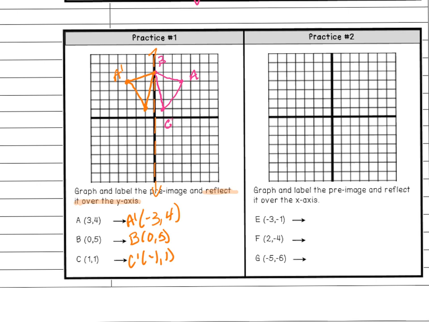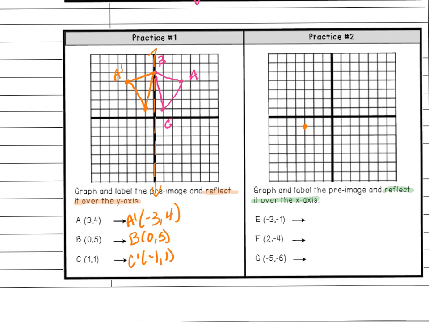So the next one says reflect over, oops. Sometimes I forget to change the highlighter here. Reflect over the x-axis. Okay, so we're going to graph it first. We're going to graph and label the pre-image and reflect it over the x-axis. So we've got -3, 1, 1, 2, 3, 1. I did it again. I forgot to change back to the pen. 1, 2, 3, 1.